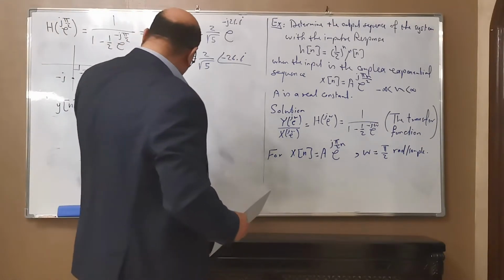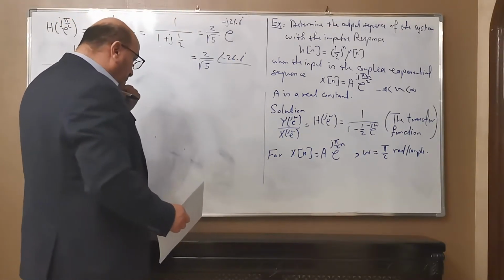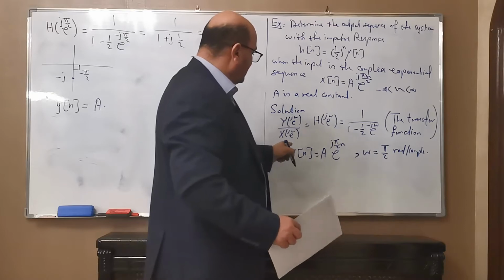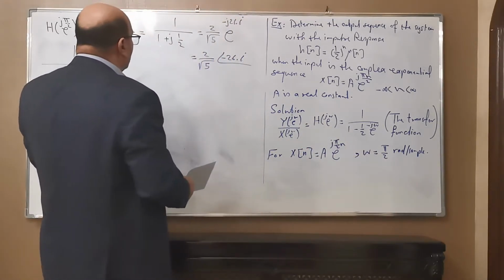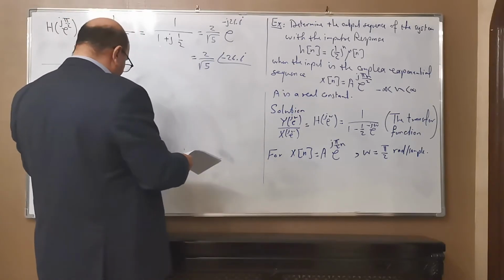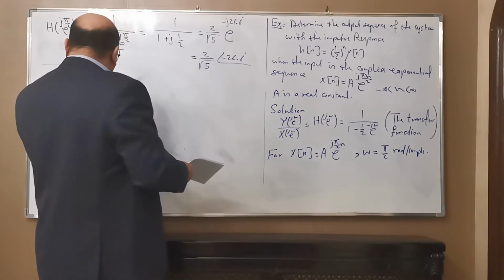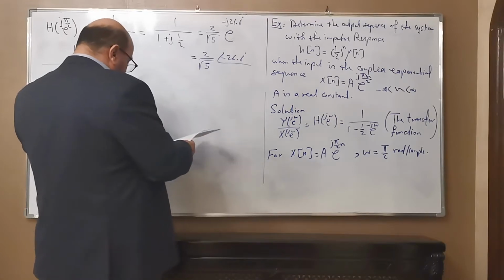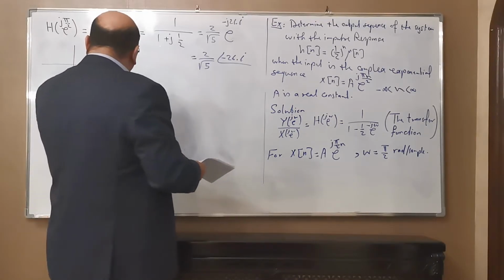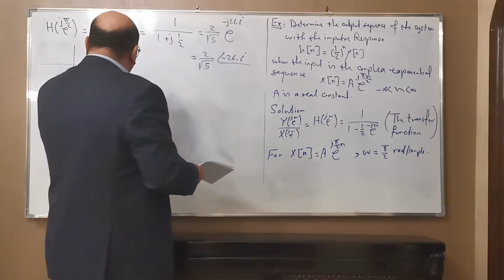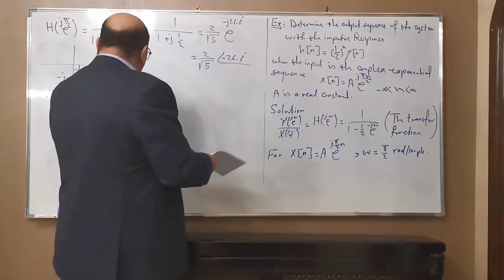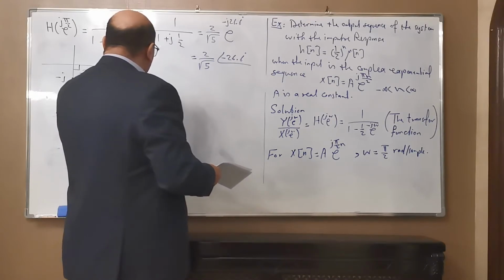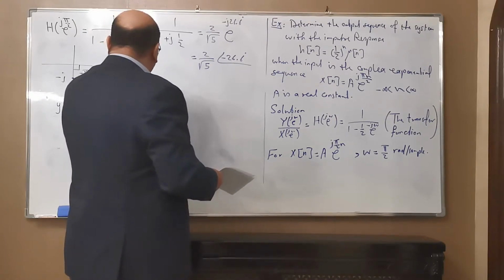Now the magnitude of the new y is the magnitude of x times the magnitude of h at that particular frequency, which is times 2 over square root of 5, and e^{j pi/2 n} times e^{-j 26.6 degrees}.